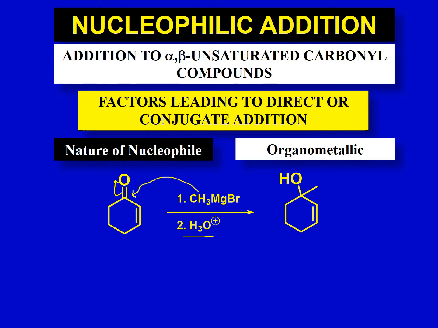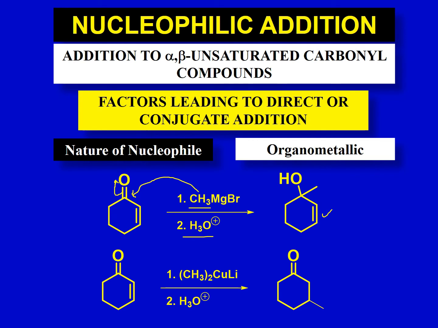You see, the double bond of the alpha beta unsaturated system remains unchanged, untouched, and the reaction happens only at the carbonyl carbon. It is because the nucleophile that we are using is a hard nucleophile, and it will attack the hard electrophilic carbonyl carbon.